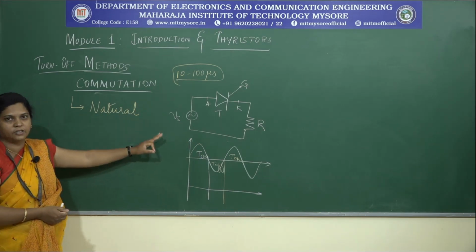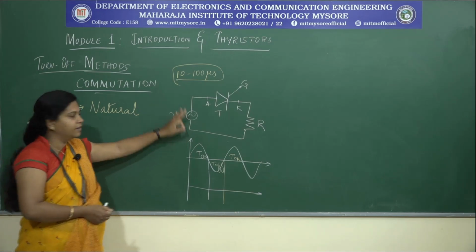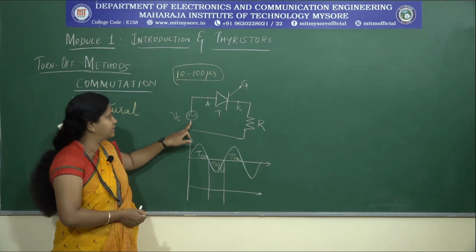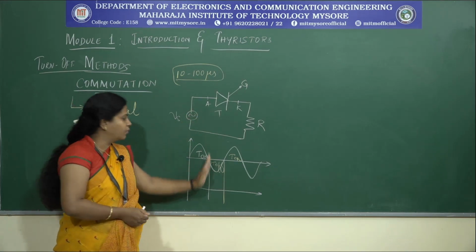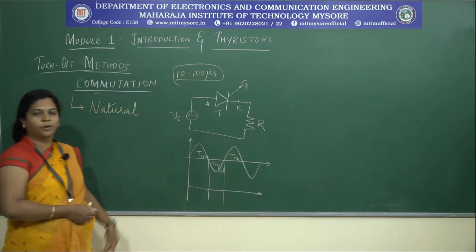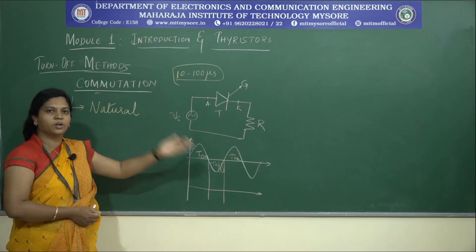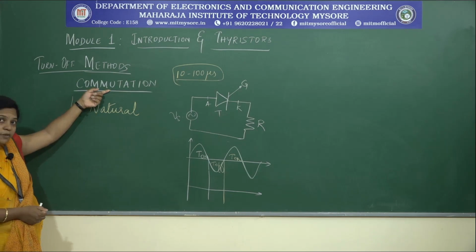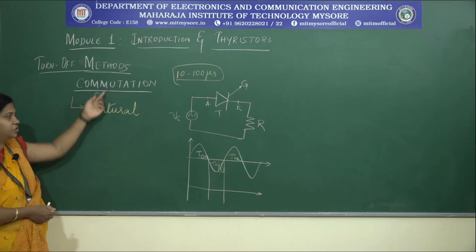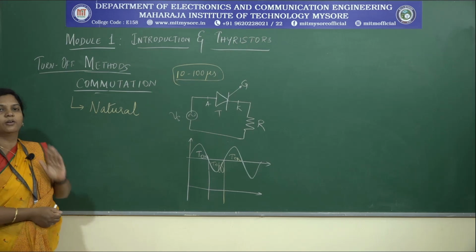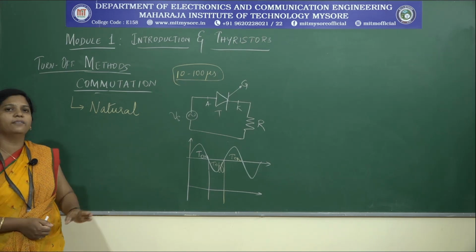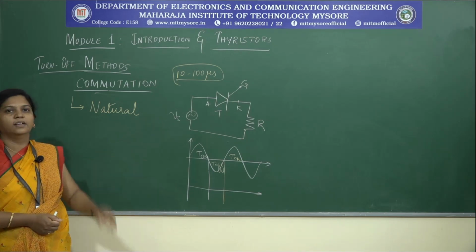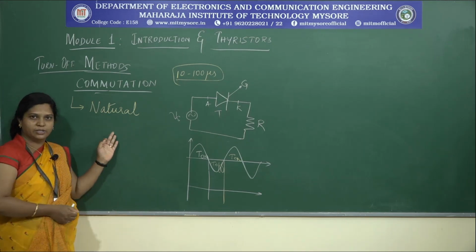Without any external circuit or external aid, because of the alternating input AC, it automatically goes to its on and off states. So off is also a natural process, hence this type of turn off method, that is, this type of commutation, is nothing but the natural commutation method. Whenever you use an AC as the input source to the thyristor, that process is a natural process.